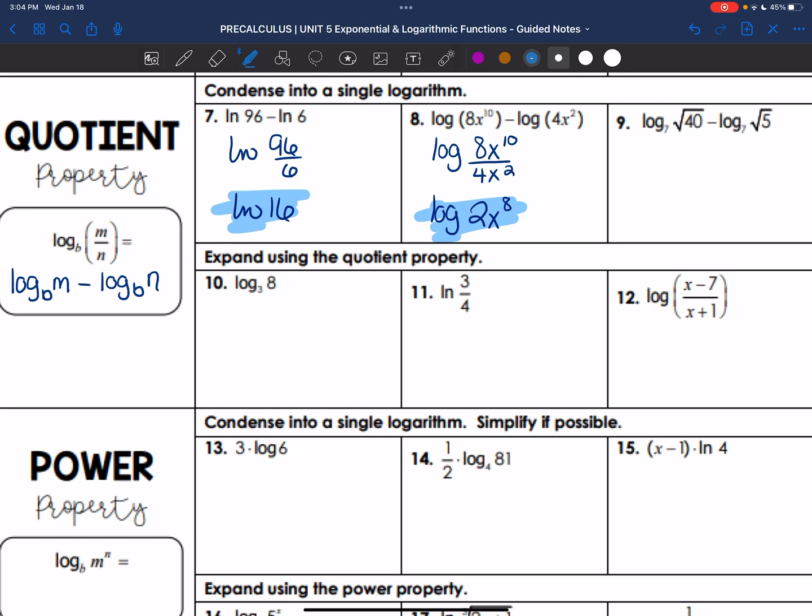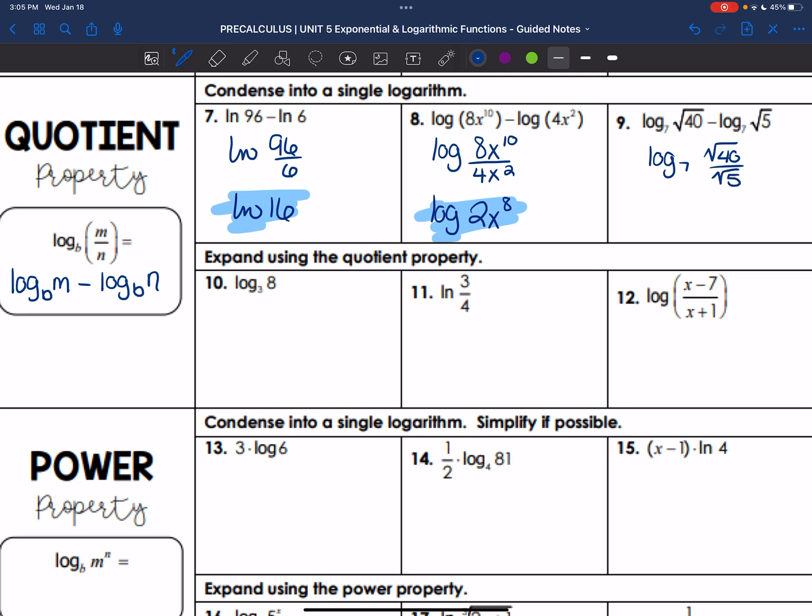And let's look at this last one as well. When we condense this, it would look like the following. We would have log base 7 of the square root of 40 over the square root of 5.